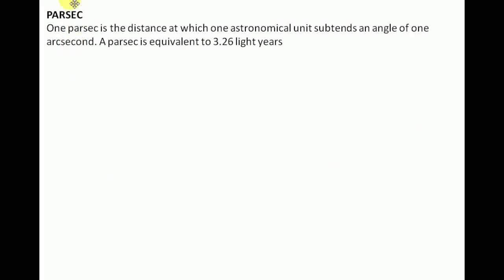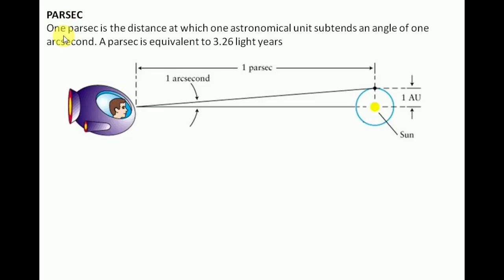So now parsec is another unit of distance. Using this formula, 1 parsec is that distance if the angle subtended by 1 astronomical unit is 1 second.